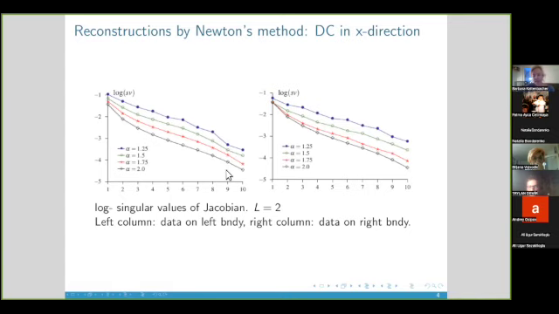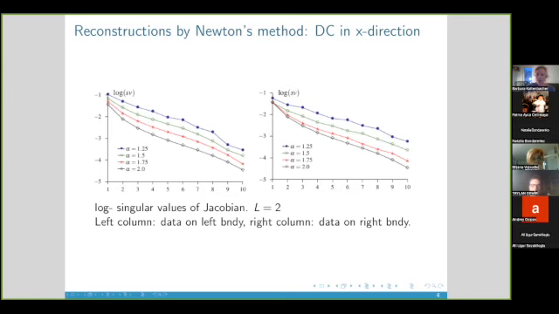As you can see here, there's also a difference between taking the observations at the left boundary versus taking them at the right boundary. You see the problem is slightly better because the singular values decay slower, especially if alpha is smaller than 2, if we have measurements on the right boundary.